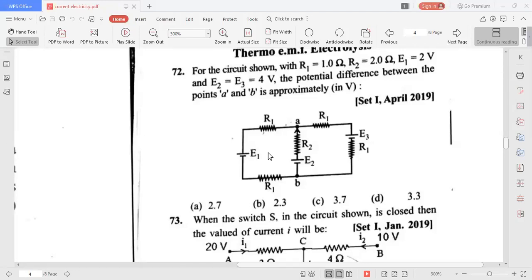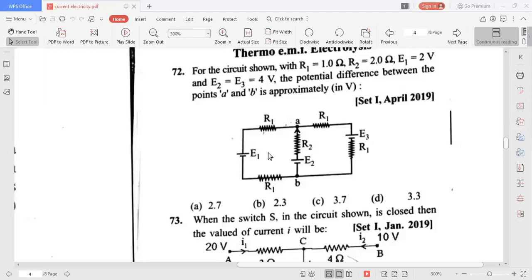Sigma E by R means E1 by R1 plus E2 by R2 plus E3 by R3, whole over 1 by R1 plus 1 by R2 plus 1 by R3. That is equal to E net. Net EMF between A and B, EAB, is equal to E1 by R1, that is 2 by 2, plus E2 by R2, 4 by 2, plus E3 by R3, 4 by 2, over 1 by R1 means 1 by 2 plus 1 by 2 plus 1 by 2.